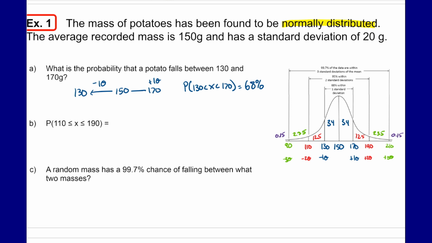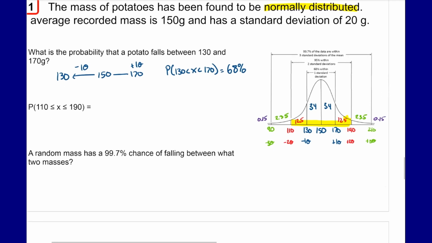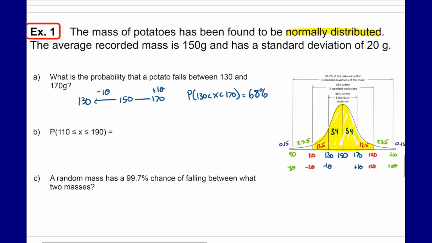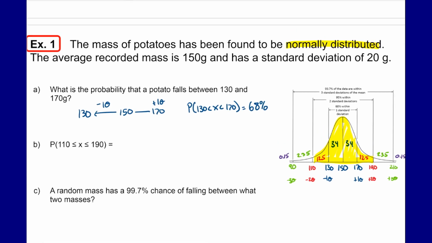If I'm looking at the next one, B, the probability of my value being between 110 and 190. If I wanted to highlight that, it falls under these two sections. So what is the probability of the data point falling within that range?